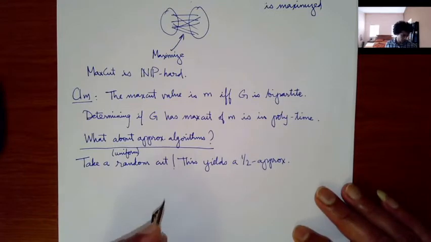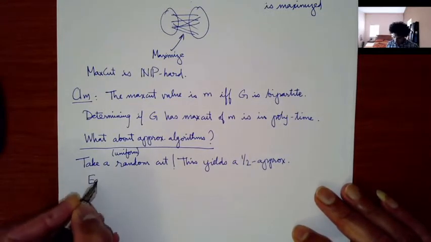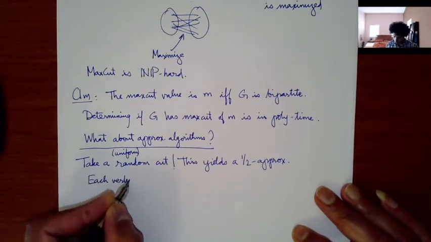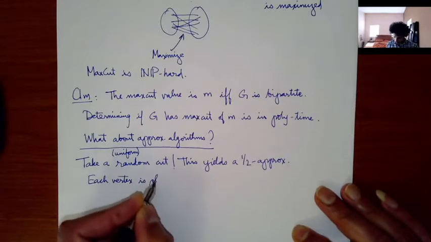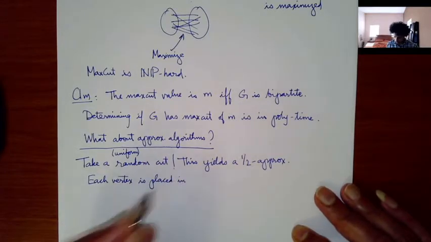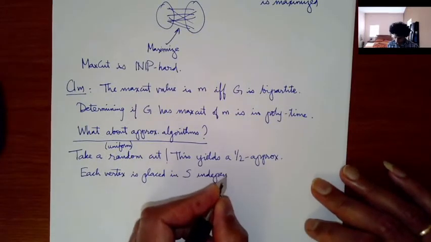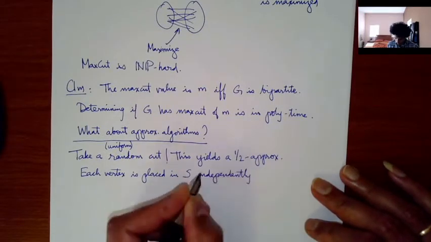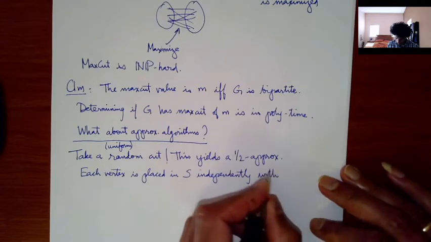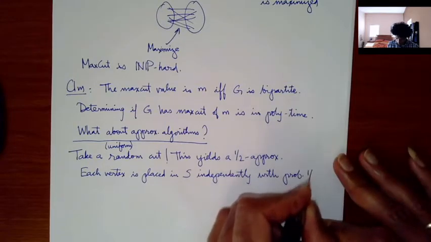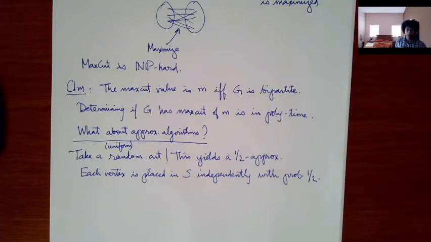So what do I mean by a random cut? I'll just say that each vertex is placed in S independently with probability exactly half.